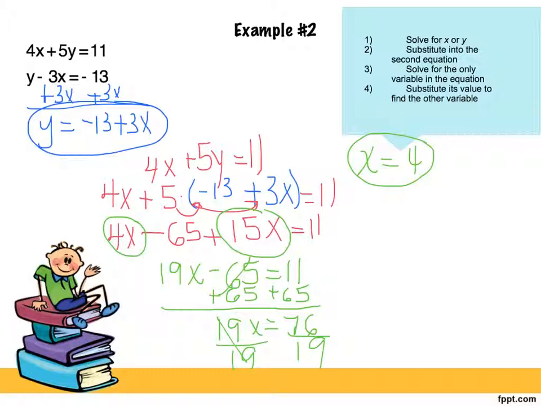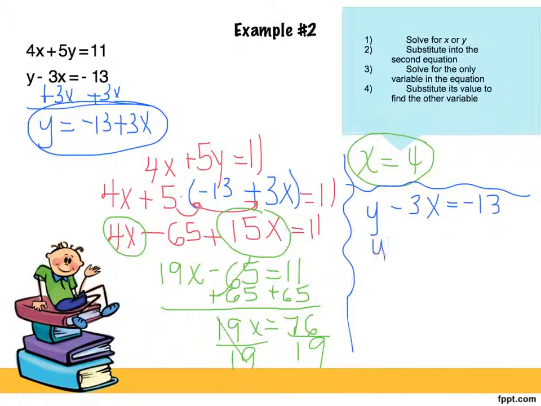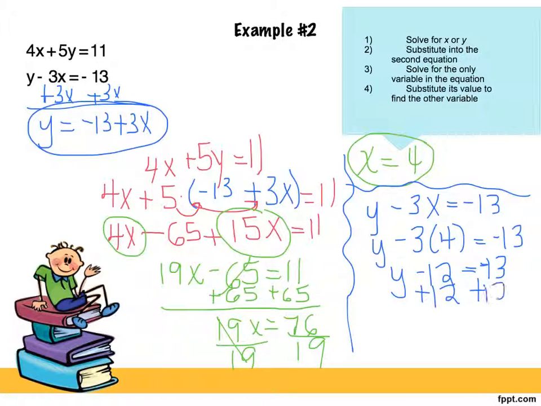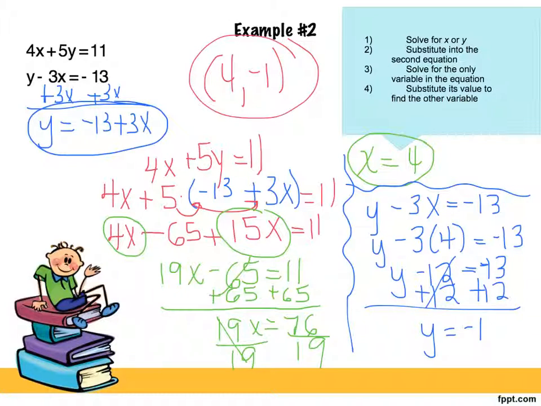But I'm going to substitute 4 for x, so I'm going to choose y minus 3x equals negative 13. y minus 3 times 4 equals negative 13. y minus 12 equals negative 13. Add 12 to both sides, and y equals negative 1. So our answer is going to be the coordinate 4, negative 1. And that's the solution to the system.